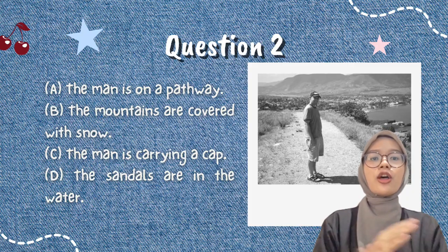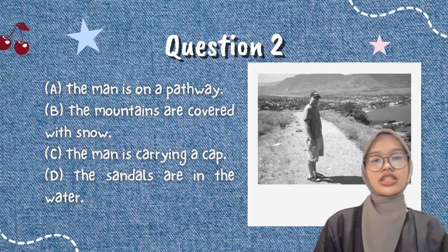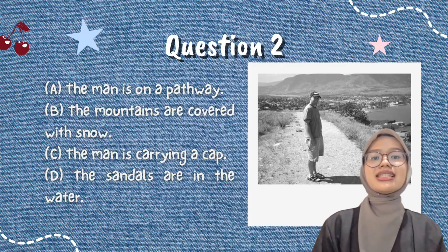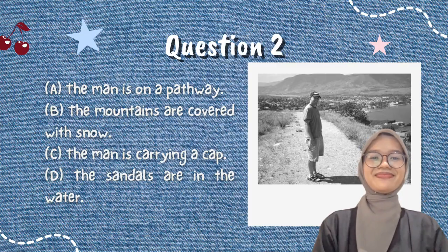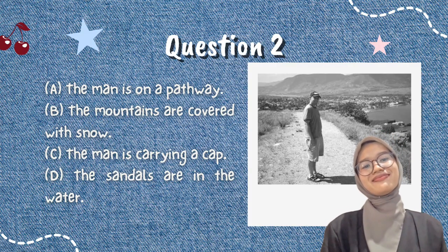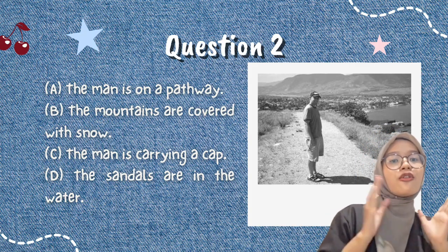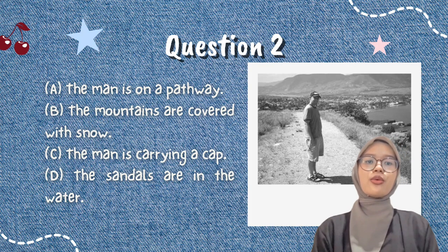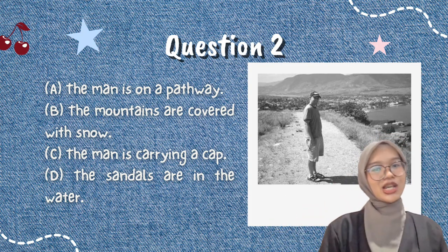Remember, you will not be able to read the choices in these sections. Wearing and carrying sound similar. Listen carefully, okay? If you choose D, it's incorrect because the sandals are on the man's feet. Both vocabulary words are in the photo, but the context is incorrect.